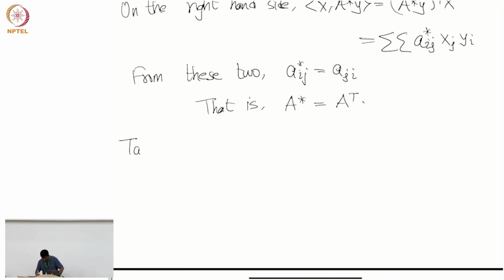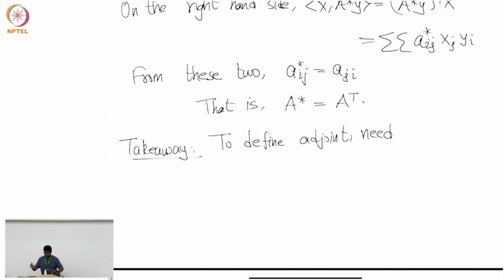The takeaway is: to define the adjoint, you need an inner product. It's ingrained in the definition of the adjoint. And once you have an inner product, you have a norm. So inner product spaces have a natural norm.